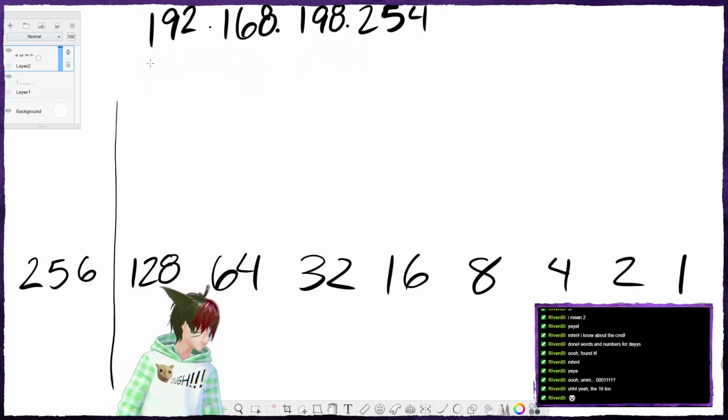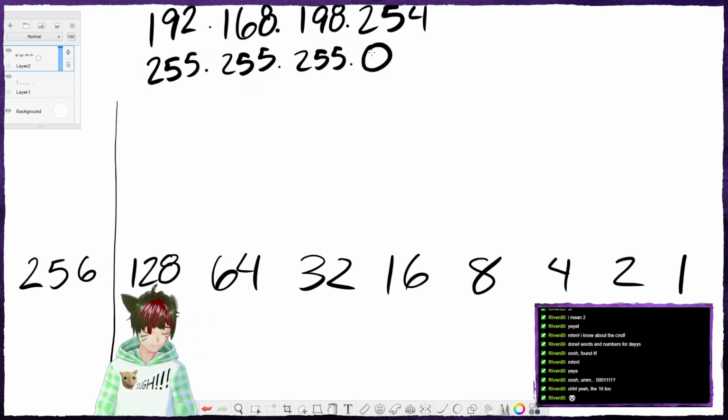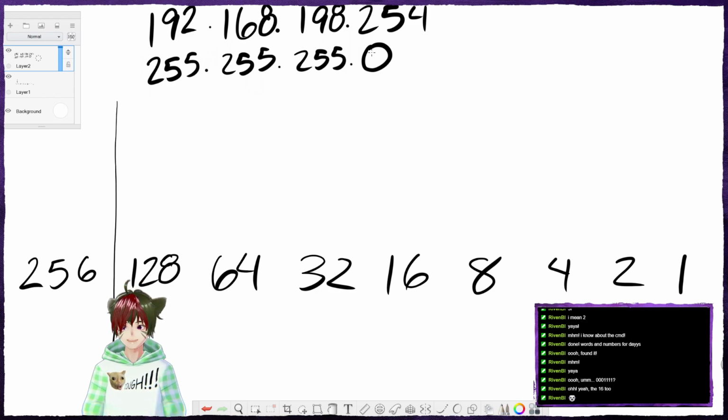And your subnet mask is 255.255.255.0. So your subnet mask tells me what network your computer is on, right?